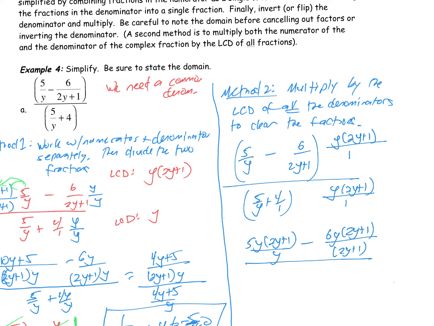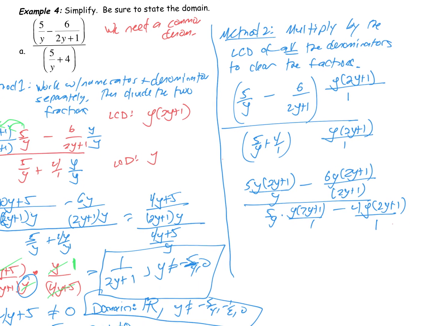And then in the denominator, we're going to have 5 over y times 2y plus 1 minus 4 times y times the quantity 2y plus 1 over 1. And I need to scroll up a little bit.